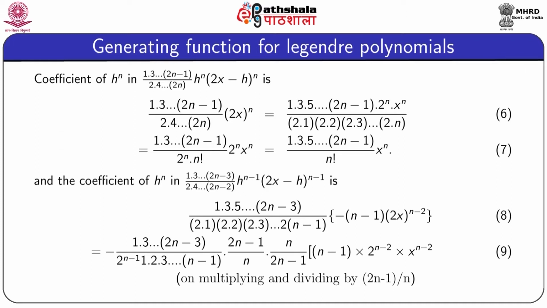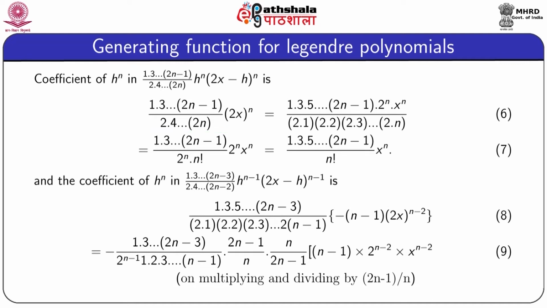All the other terms will contain h, and that is why the coefficient of h to the power n in the expansion of this is going to be 1 dot 3 dot dot 2 n minus 1 divided by 2 dot 4 dot dot 2 n into 2x whole to the power n.